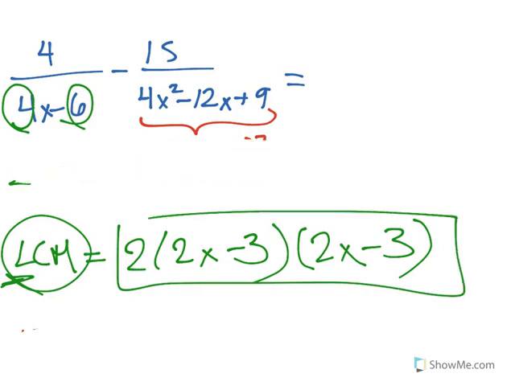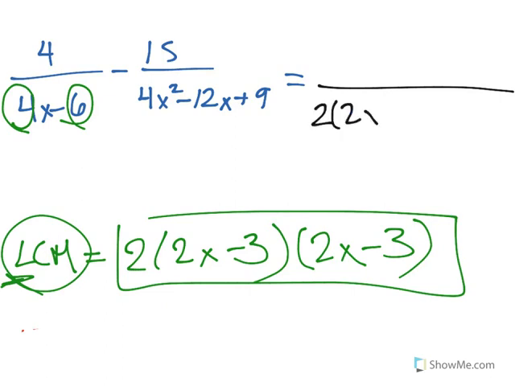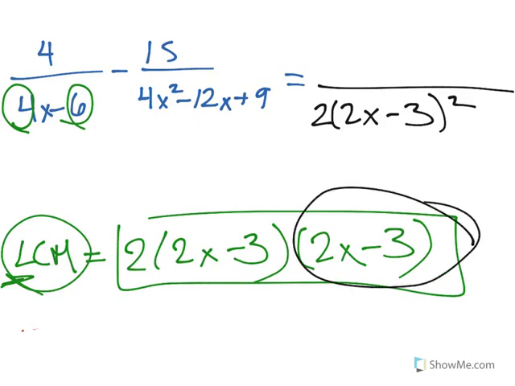Now, we must multiply each term so that our LCM is the new denominator of both terms. And so our first one, we know that is 2 times 2x minus 3, so we are missing this second 2x minus 3. So we must multiply the numerator and the denominator by the same thing.